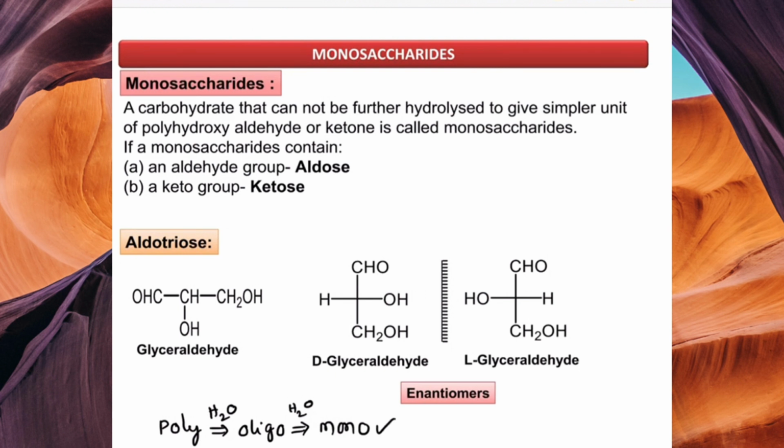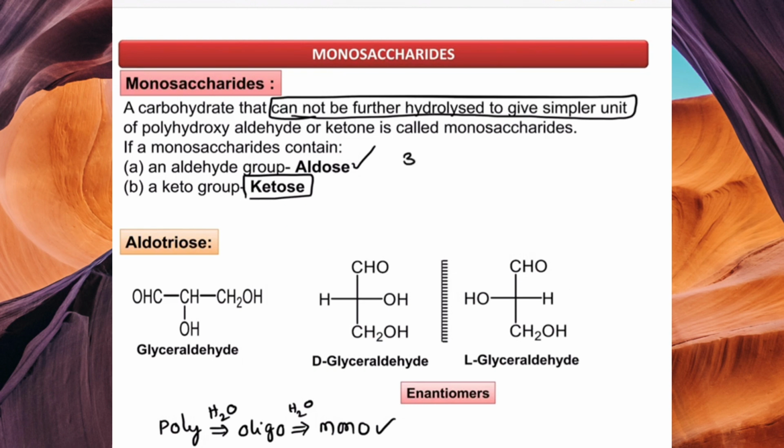Monosaccharides are the simple carbohydrates that cannot be further hydrolyzed. If the functional group is an aldehyde, we call it aldose. If it is a ketone, we call it ketose. Simple carbohydrates generally contain 3 to 8 carbon atoms.